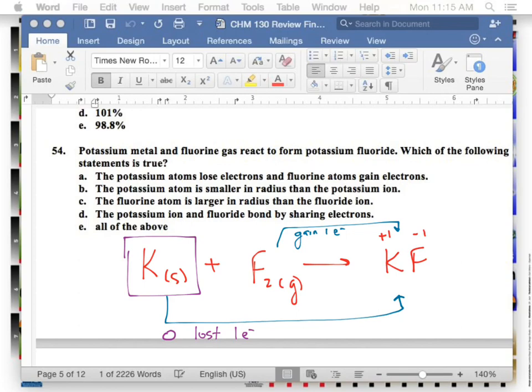Ionic doesn't share. Potassium loses. You have to balance the equation. The potassium atoms lose electrons, the fluorine atoms gain electrons. The answer is A.